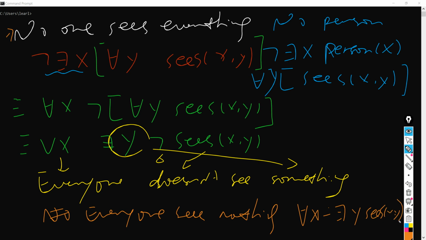However, if you want to derive from this formula to this formula, you are unable to do that. So this is the advantage of having the sentence and the formula variation.